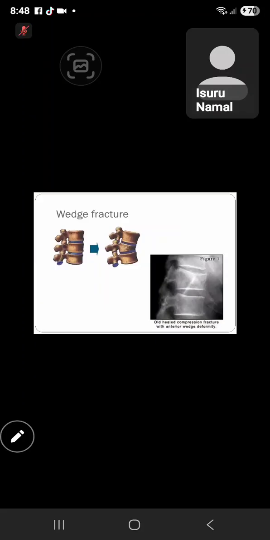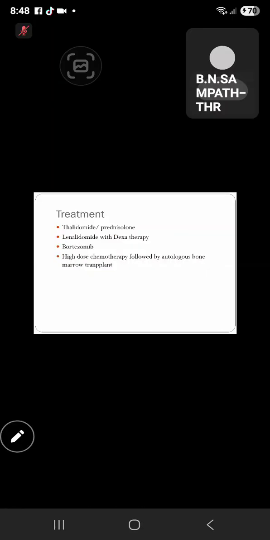You can see some lytic lesions, calcified bone or calcium deposits, and fractures in the vertebral column, right? Wedge fractures, right? Because with multiple myeloma, the patient's bone will become somewhat perforated, right? And treatments are thalidomide, lenalidomide, a lot of treatment techniques present that are used in multiple myeloma cases.